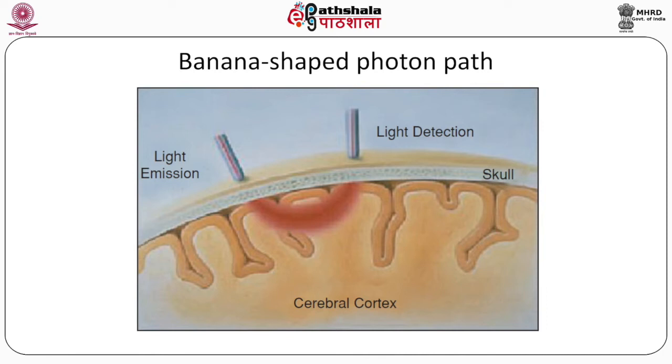Here we can see the banana shaped photon path that we will be discussing in the further slides. But to prime all of you, one probe is for light emission and another probe is for light detection.